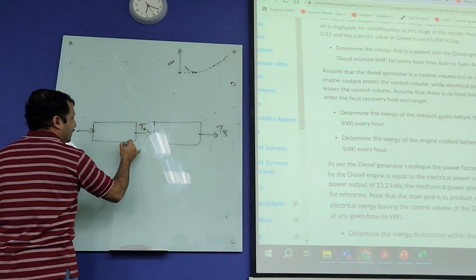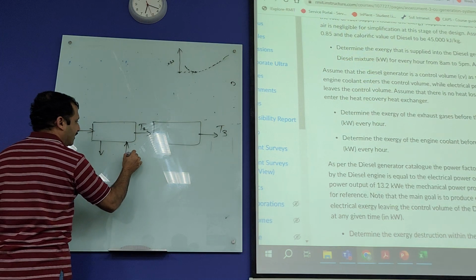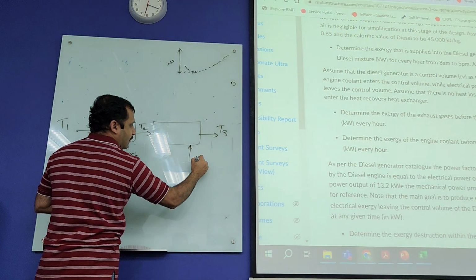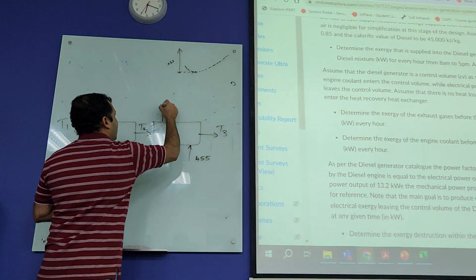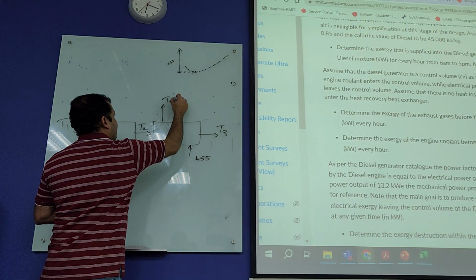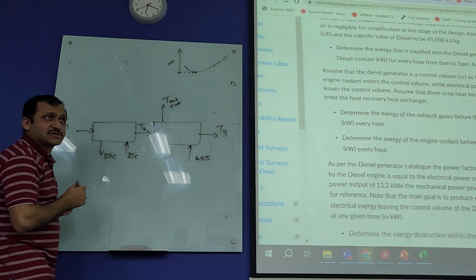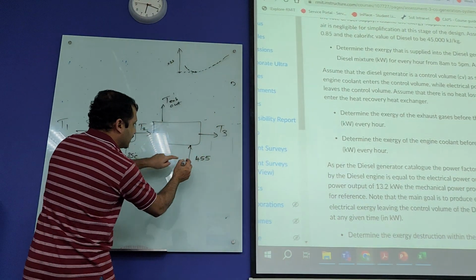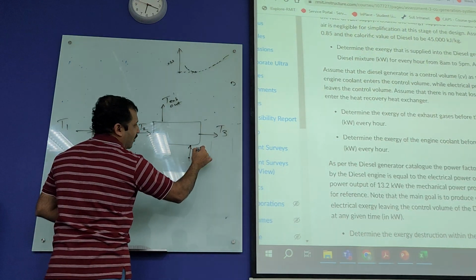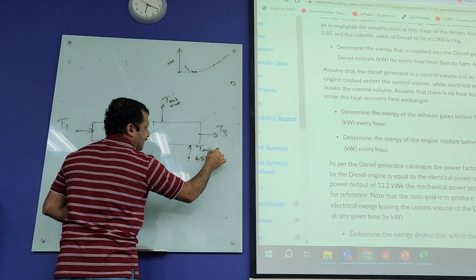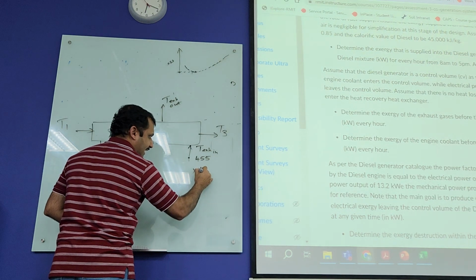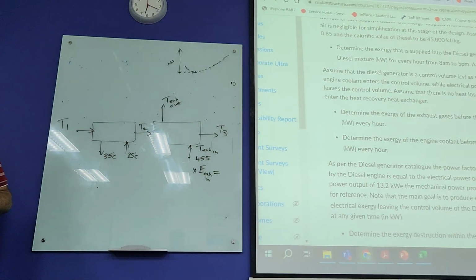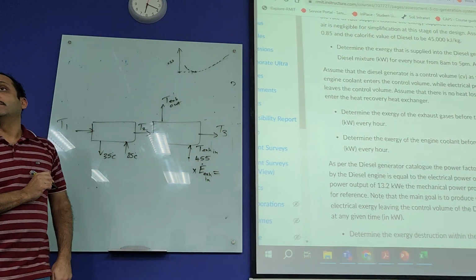That's the water temperature: coolant going in, coolant coming out, 85, 35. Exhaust going in, 455. Exhaust coming out at whatever that exhaust temperature is. This dot point is asking you to find exergy at that point. So let's call it T exhaust in. We want to find X E dot exhaust in.